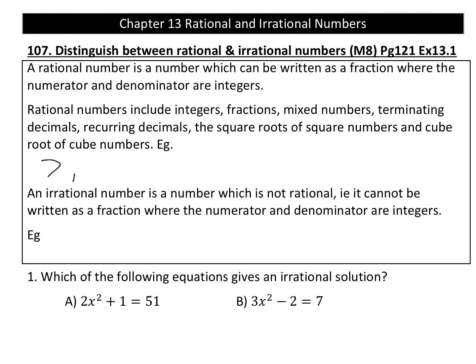It behaves itself. A fraction, maybe like a quarter, that's rational. Mixed numbers, so maybe something like 2.5. That's also a rational number because it's 5 halves.